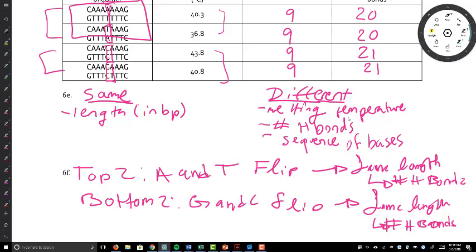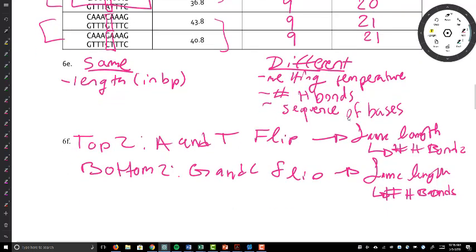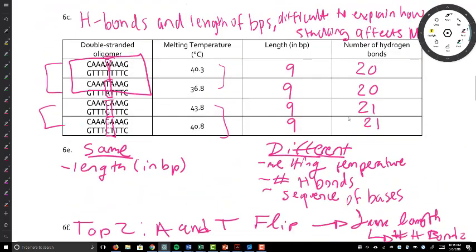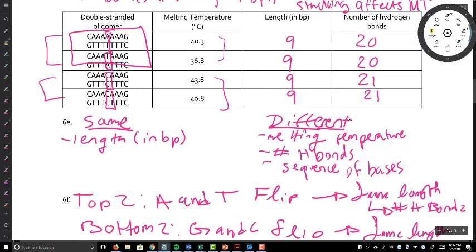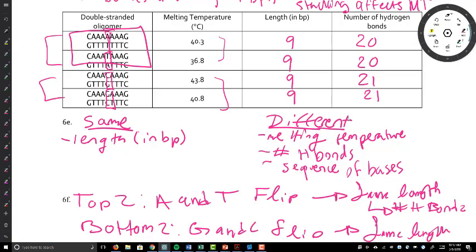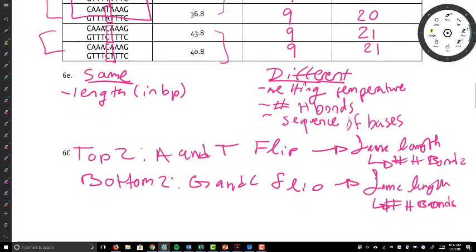If we look at these melting temperatures, which of these oligomers has the highest melting temperature? Number 3. And if we look at number 3, C stacking with A appears to have the strongest base stacking.